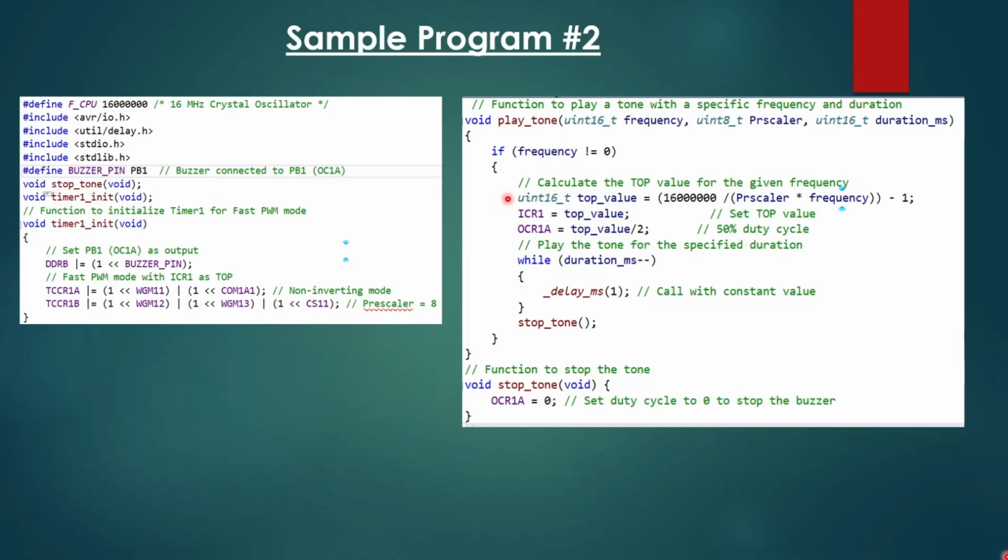So this line calculates the desired frequency. We do that utilizing the formula that I already explained. So that's our microcontroller clock speed divided by the prescaler multiplied by this desired frequency, and from this whole result we subtract 1.